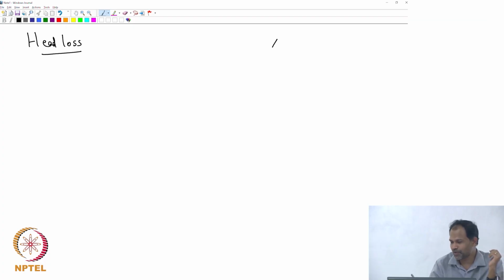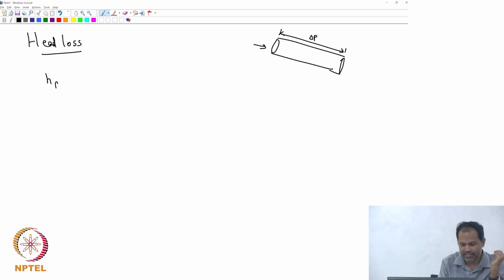We would have calculated HF, the head loss, as delta P divided by rho g, plus some delta Z.